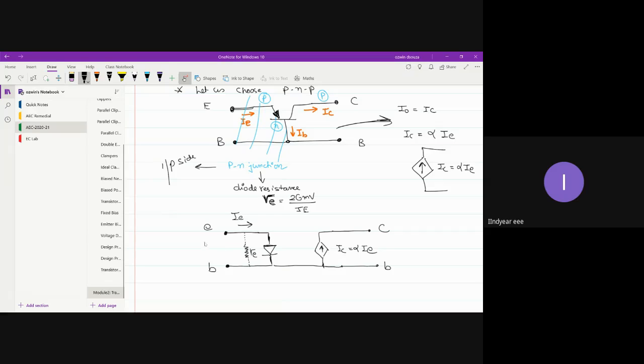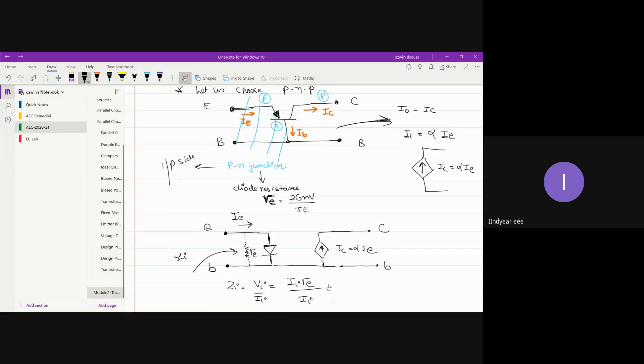Now over here, what you have to do is you have to once again check ZI. In this case, ZI is VI by II. VI is current into resistance, so this is II into resistance, divided by II.